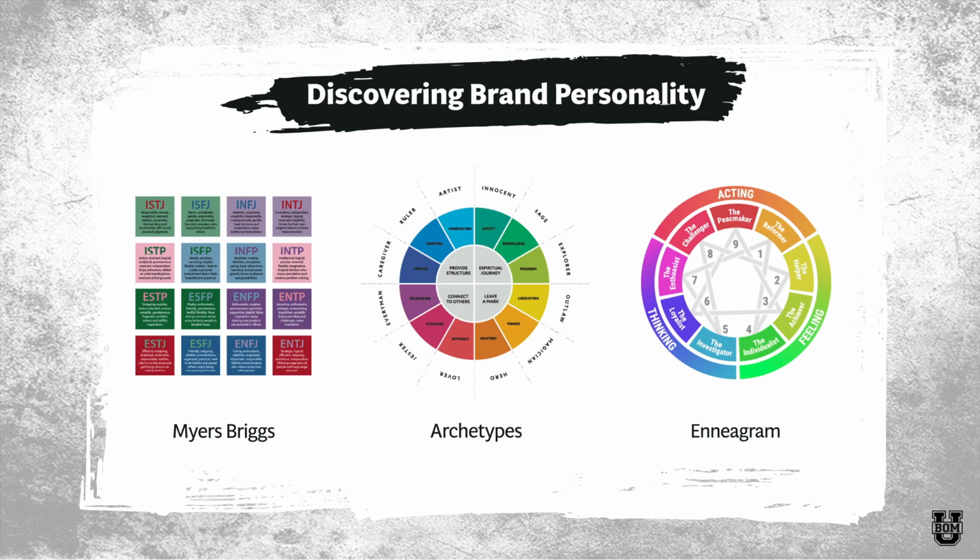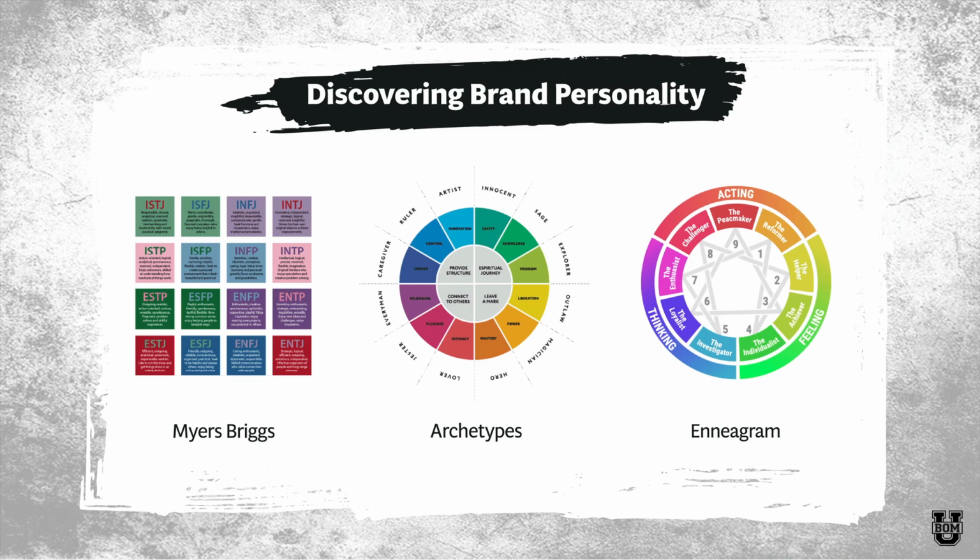And then there are Carl Jung's archetypes, which are sort of these frameworks that allow you to put your brand into one of these 12 that talk to how your personality shows up. So you might have the magician, or you're a hero, or a jester, or an everyman. I often fall in the everyman.